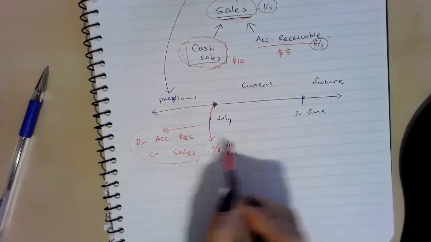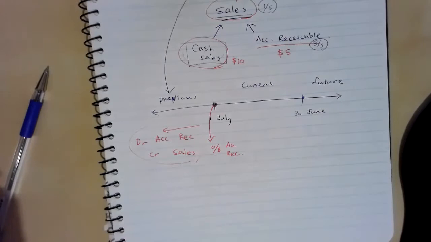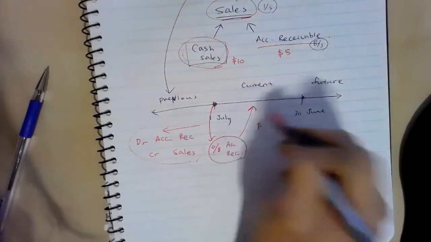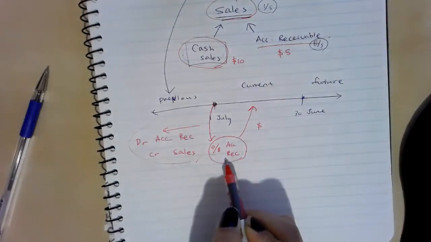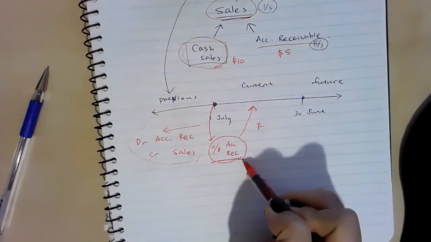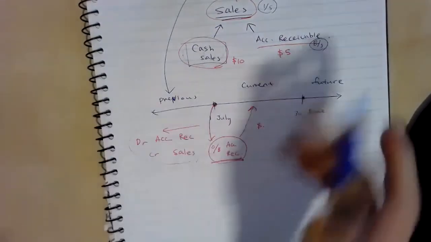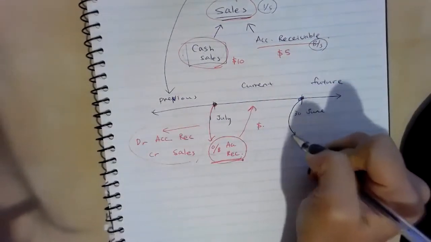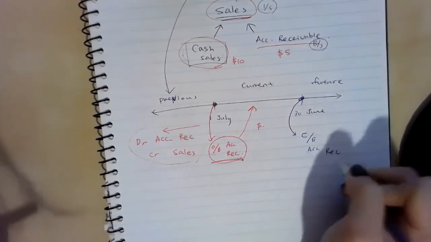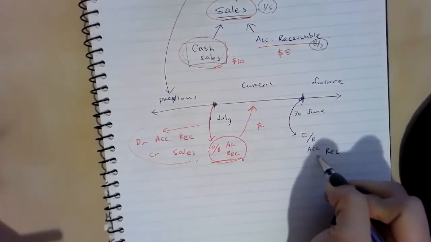But then, because they didn't receive money then, when are they going to receive the money? This money will be received in the current period because this is a current asset. So they receive the money then. That's why we have to add the opening balance of accounts receivable. Now, the ending balance, or closing balance, of accounts receivable represents that as of 30th of June, they still hadn't received the money yet.